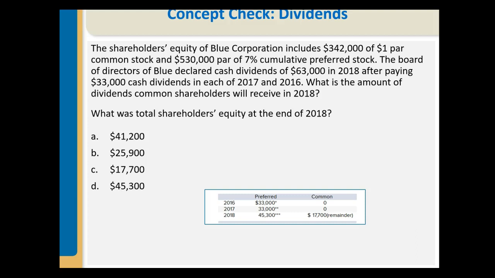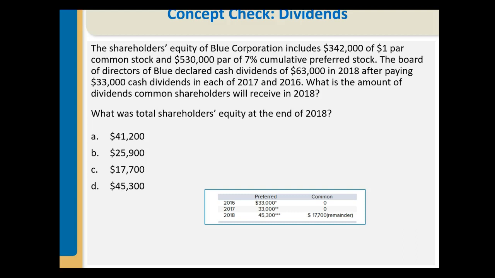Again, the shareholders' equity of Blue Corporation includes $342,000 of $1 par common stock and $530,000 par of 7% cumulative preferred stock. The board of directors of Blue declared a cash dividend of $63,000 in 2018 after paying $33,000 cash dividends in each of 2017 and 2016.